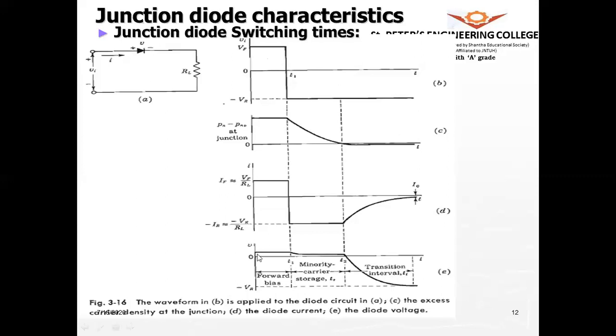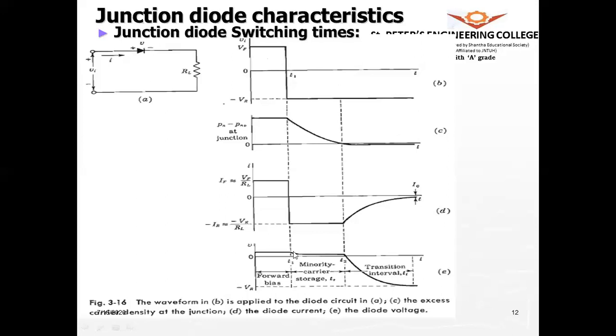And this is the diode voltage. As I said, when the diode is forward biased, the voltage is around 0.3 volts for germanium and 0.7 volts for silicon. So the voltage is very small in the forward bias. When it becomes reverse bias, the voltage is reducing until the charges which have crossed the junction have flown back.